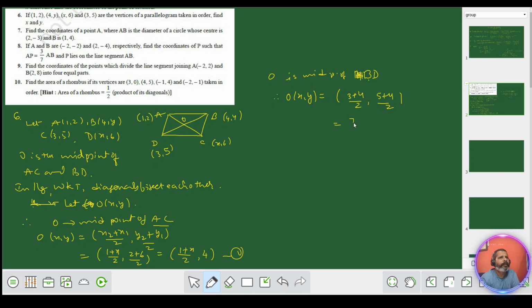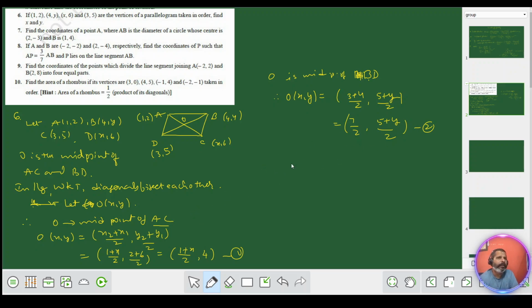That is 7 by 2, and (5 + y) by 2. We call this 2.